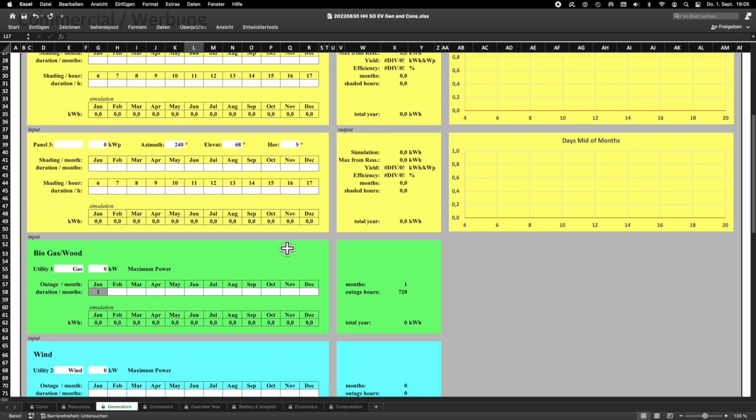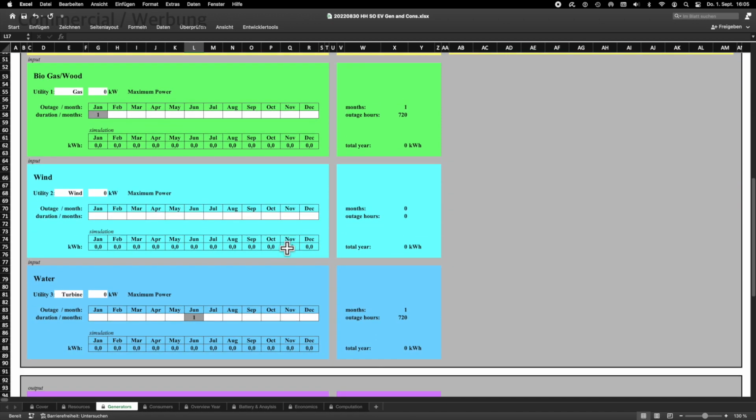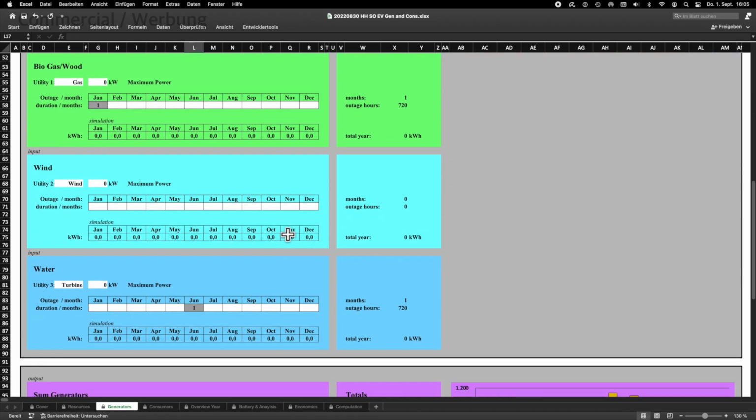Now we go to the wind generator. We remember the average wind power density is 95 watts per square meter at our site. With a 4 square meter wind turbine and an efficiency of 30%, our maximum power output at the average wind speed would be 114 watts. 114 watts equals 0.114 kilowatts, which we insert here.